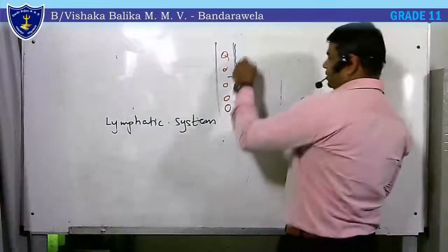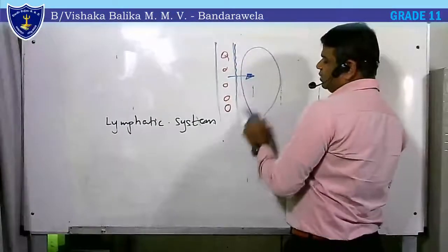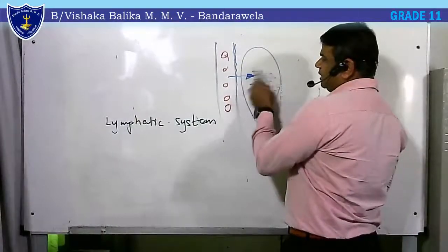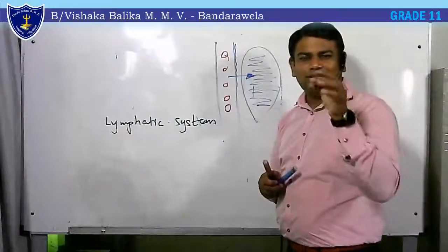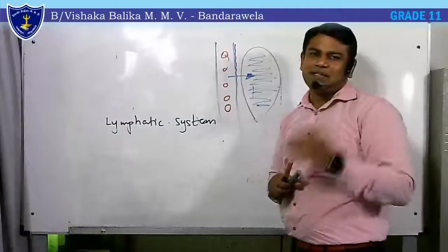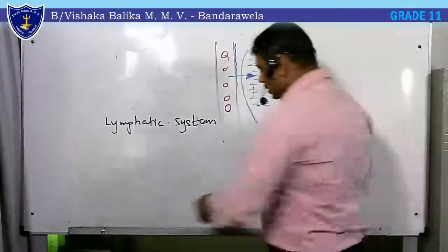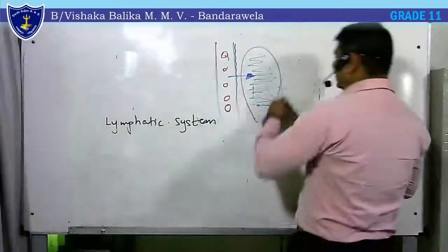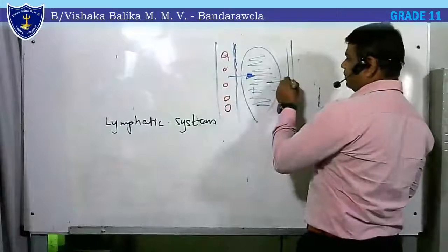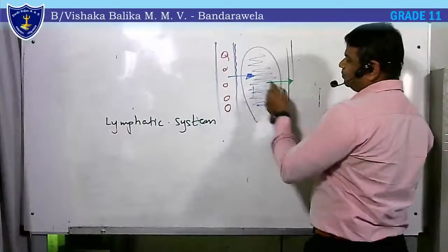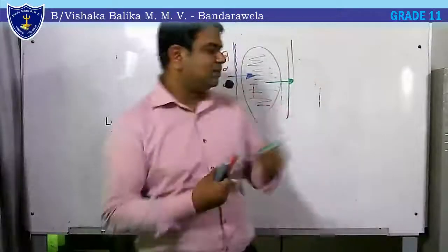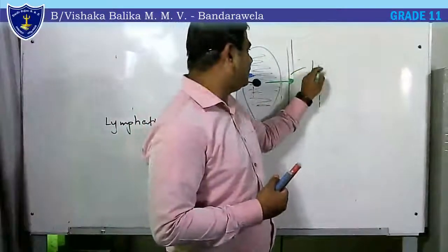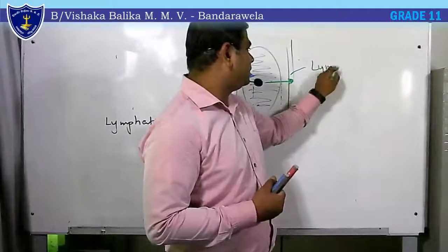Those blood constituents collect inside the body. We call that part the body fluid. That body fluid then enters into this tube system, the lymphatic system. Inside the lymphatic system, there is a fluid called lymph.